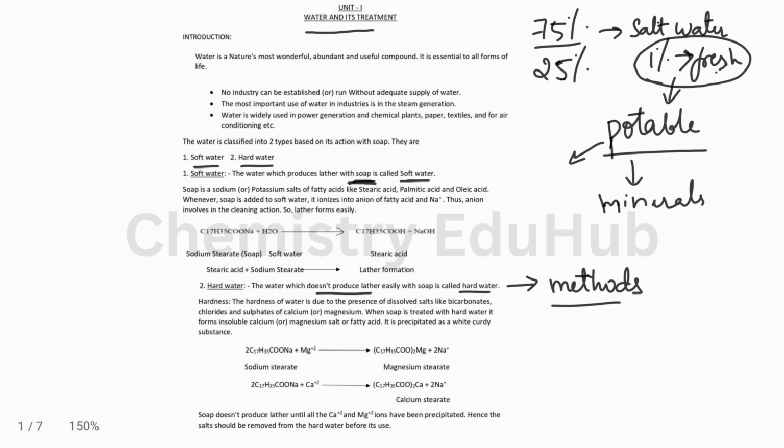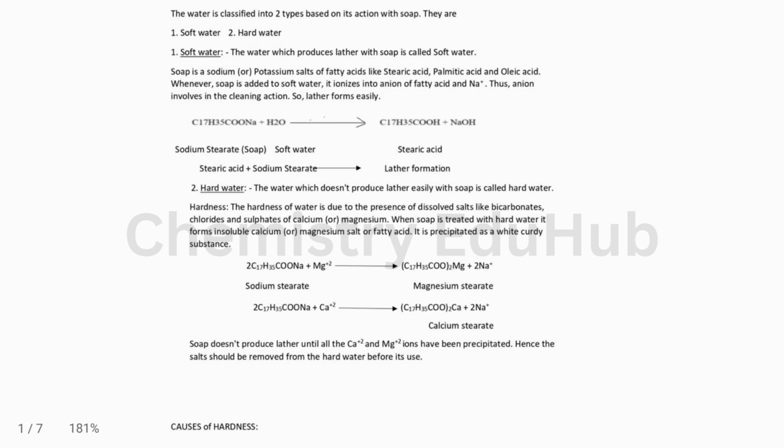Now, what is soap generally? Soap is a sodium or potassium salt of fatty acids. Soap is formed by the fatty acids. What are fatty acids? They are the long carbon chain compounds with carboxylic acid functional group.